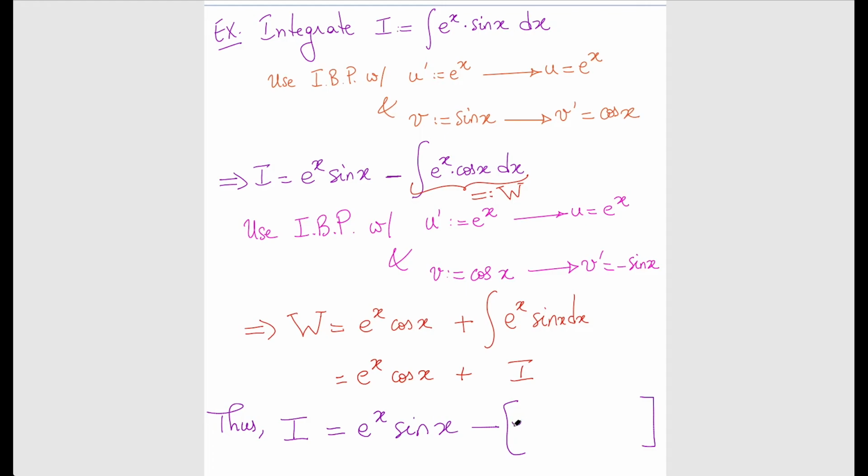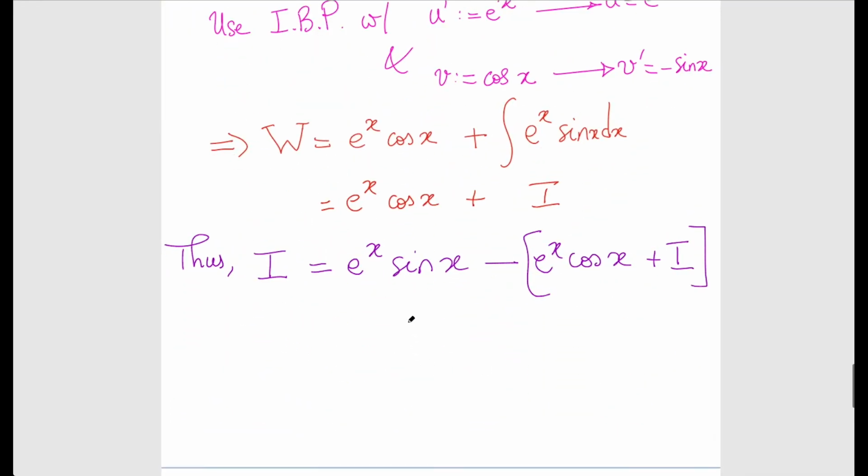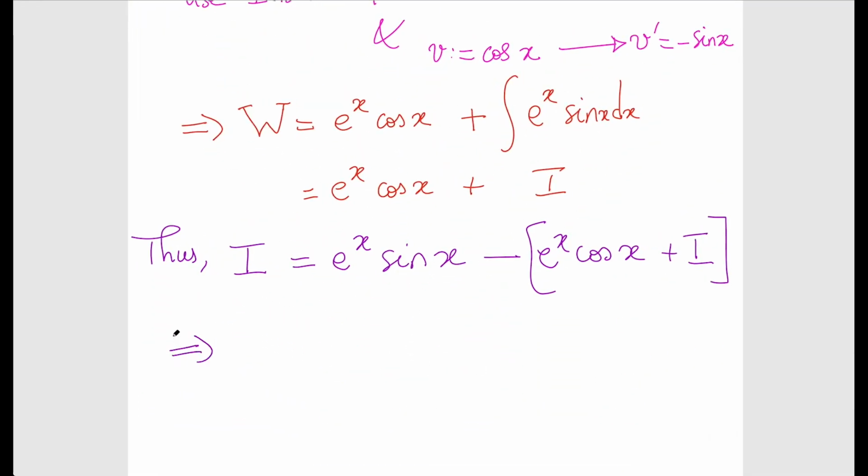Is this package, e^x cosine x plus I. One more time: I was e^x sine x minus W, and W happens to be e^x cosine x plus I, so I have I equals e^x sine x minus the package W. Okay? And this means that I is equal to e^x sine x minus e^x cosine x minus I. Right? Okay.